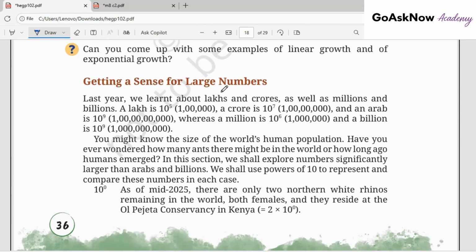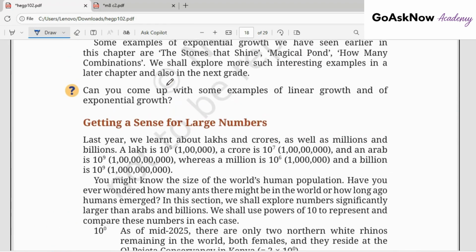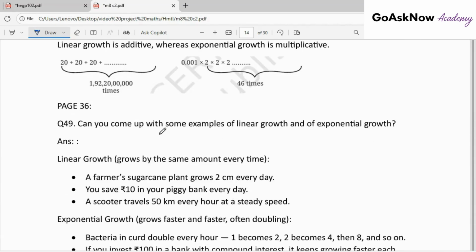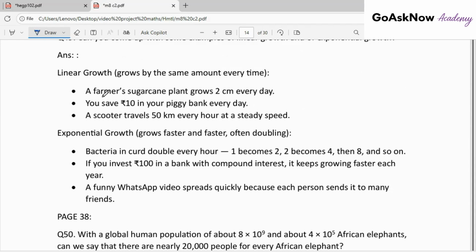Some examples of linear growth: a plant grows by the same amount every day. A farmer's sugarcane plant grows 2 centimeters every day. You can save 10 rupees in a piggy bank every day. A scooter travels 50 kilometers every hour.